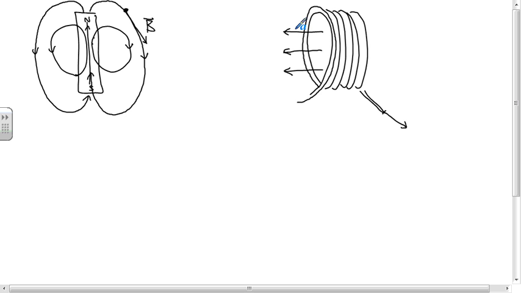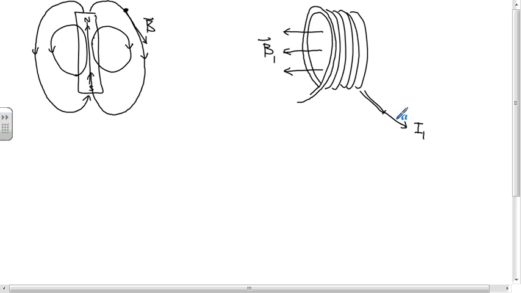We'll call this current 1, and B1 is the magnetic field produced by that current.